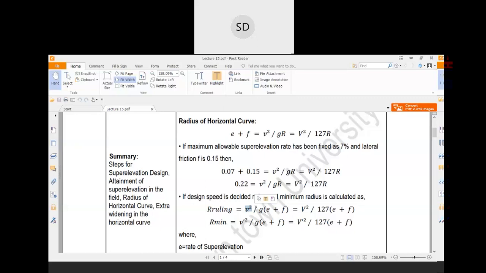As we have previously discussed, in that table there are different velocities for different road conditions. One is for ruling and another one is minimum. For the ruling case, you put the ruling velocity, and to find the minimum radius, you put the minimum velocity. And efficiently, you can find out the radius of that horizontal curve.